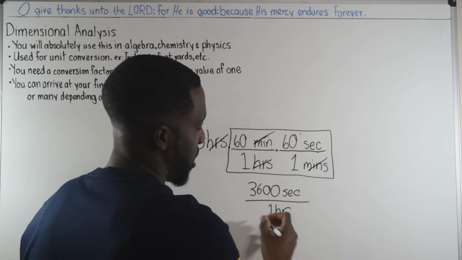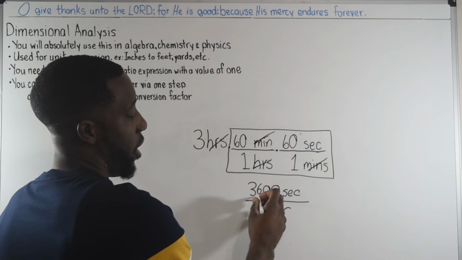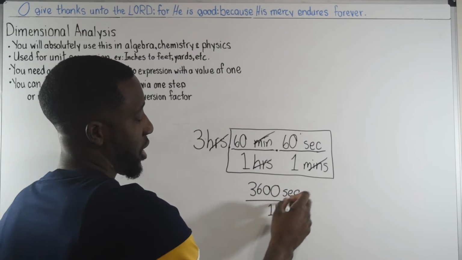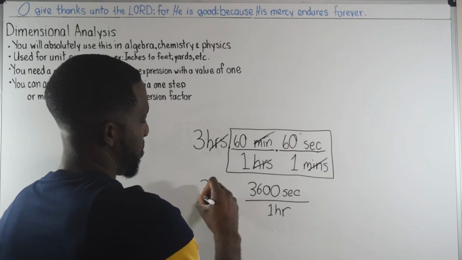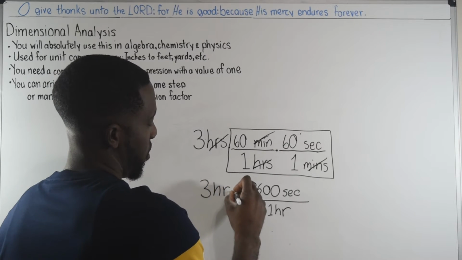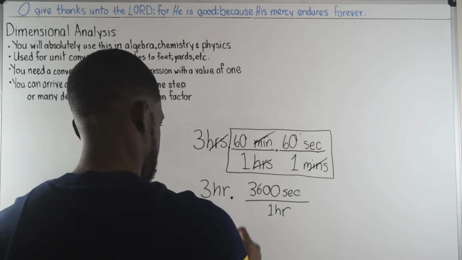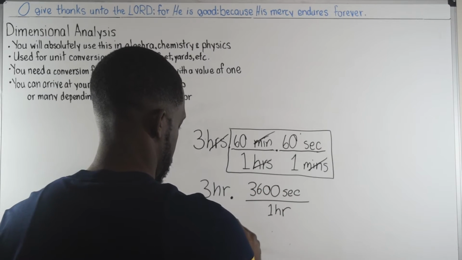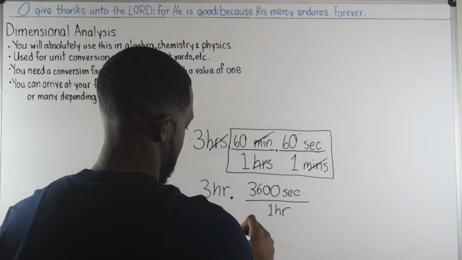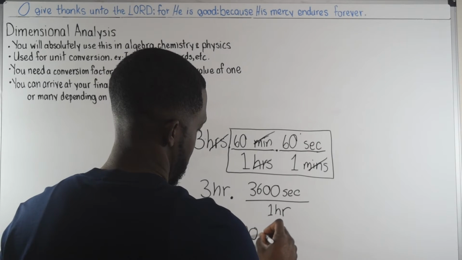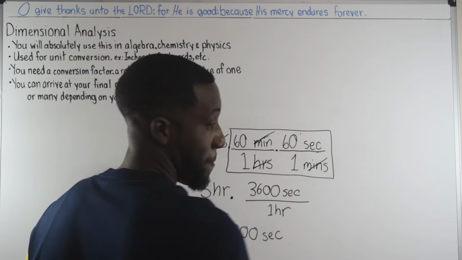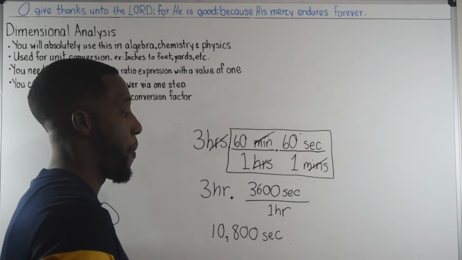So this is a conversion factor right here. 3,600 seconds in 1 hour times 3. Okay. Now we're gonna get the same thing. We're gonna get 10,800 seconds. Okay.